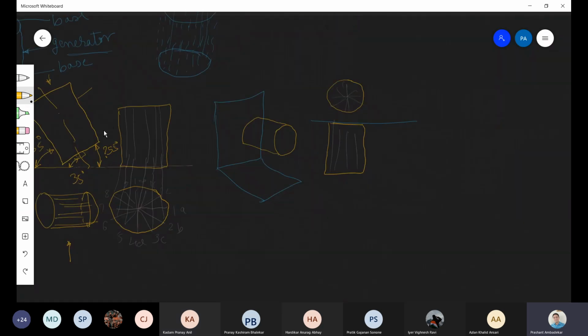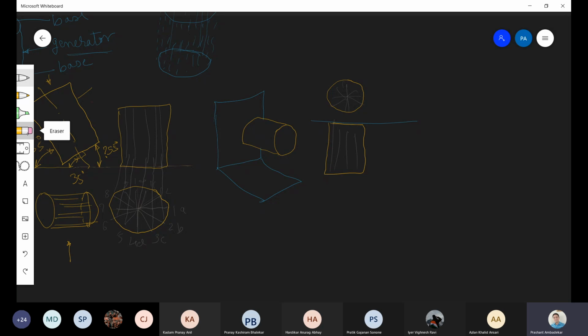Okay. What is this? This is again a cylinder resting on VP, on its base, and we have drawn the front and top view like this.